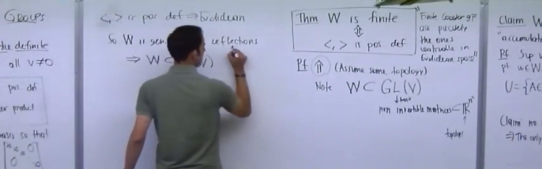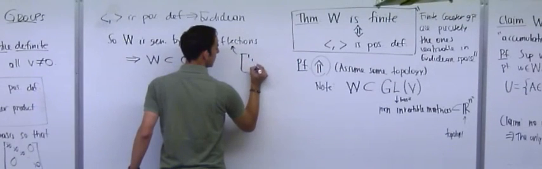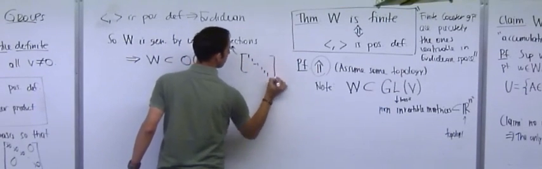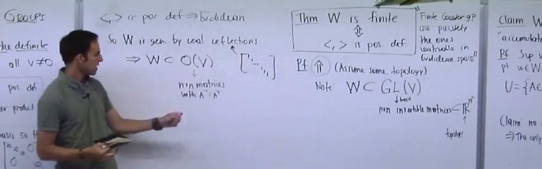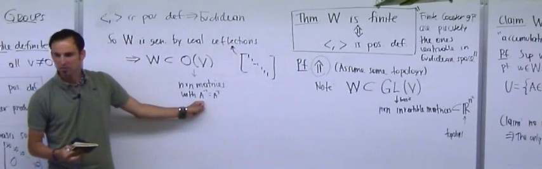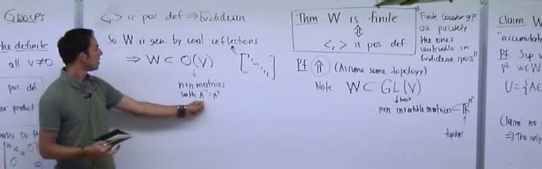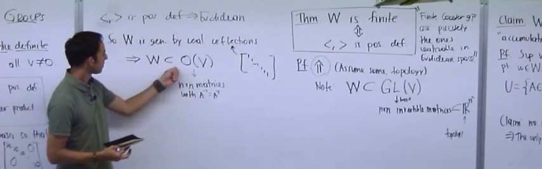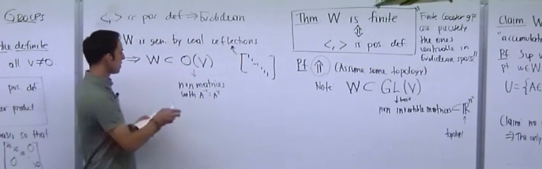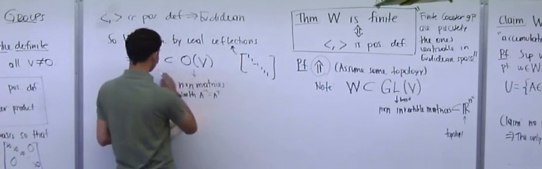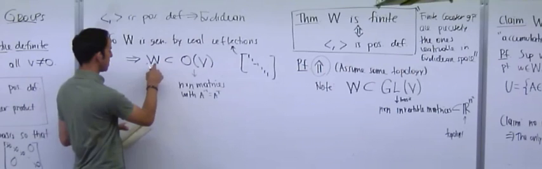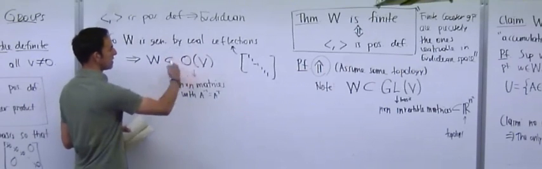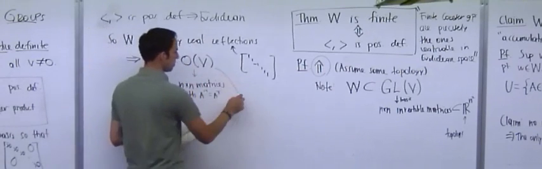Their matrices look like 1, 1, a negative 1, 1, 1, 1, like that. This is what real reflections look like, and that means that they satisfy the property that the inverse is the transpose. It's easy to see that this is a subgroup, which means that this W lives inside the orthogonal group.